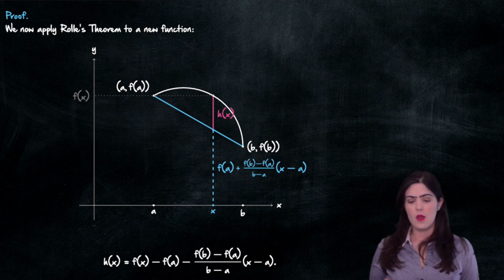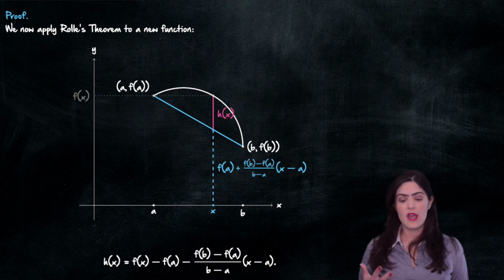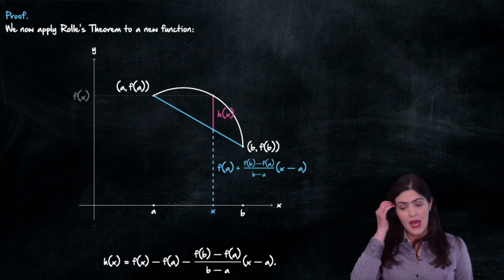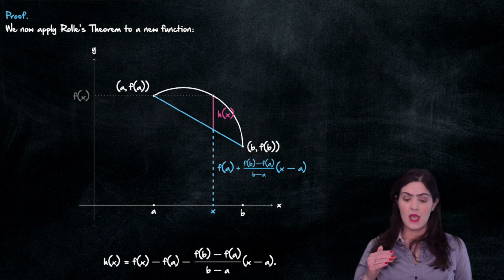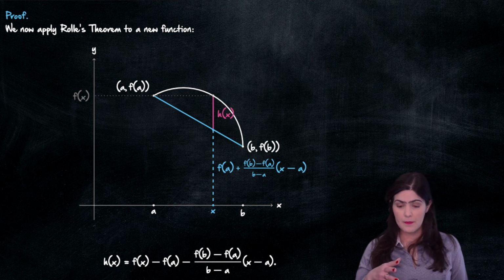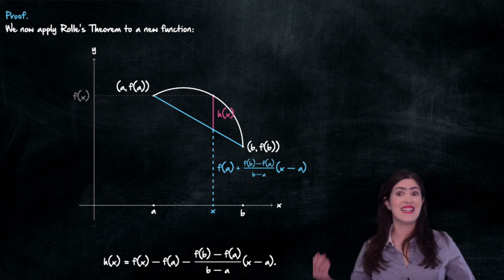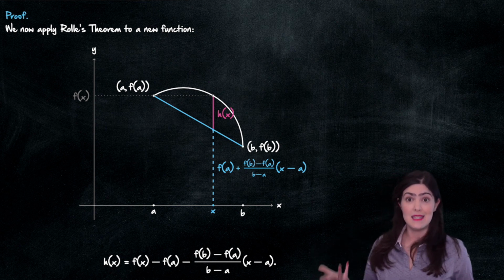And if you see, when x is equal to a, we have f(a) minus f(a). They cancel each other. And then we have (f(b) minus f(a)) over (b minus a) times (a minus a), and that's 0. So the whole thing is going to be 0.